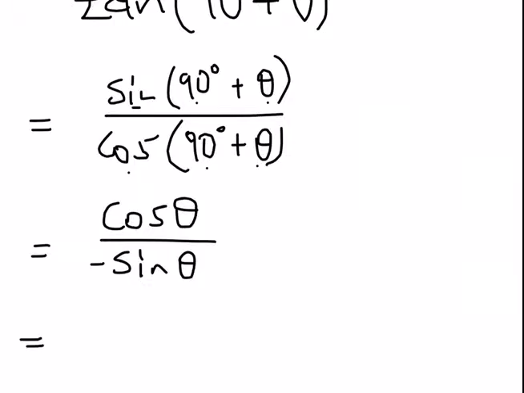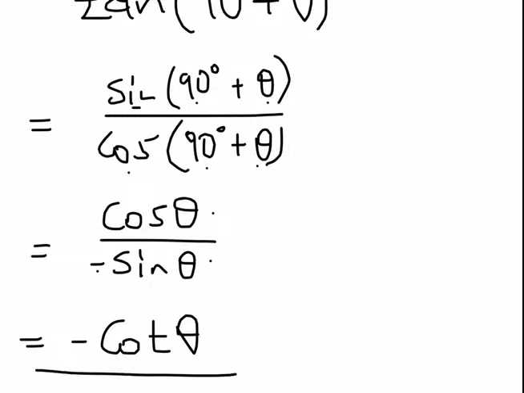Trust me when I say the moment you have cos at the top and sine at the bottom, this thing is the same as cot. It is the reciprocal of tan. So remember, you still have that negative there. So it's like you are having negative cot of an angle.